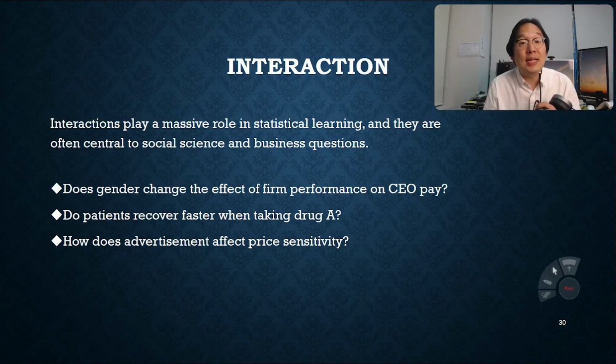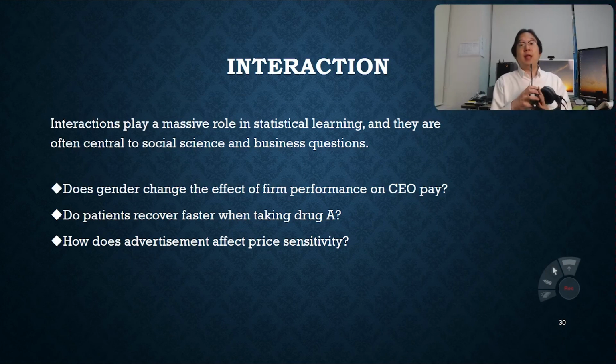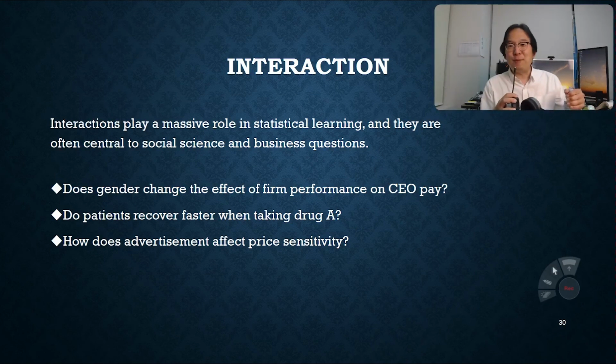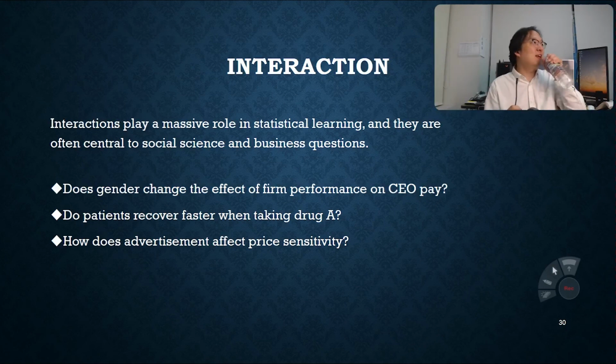Interactions play a massive role in statistical learning, and they are often central to social science and business questions, right? For example, you like compensation, like pays, right? CEO compensation, how much do they get paid, right? The thing is, billions and millions of dollars, right?